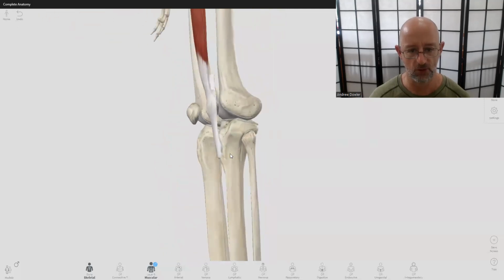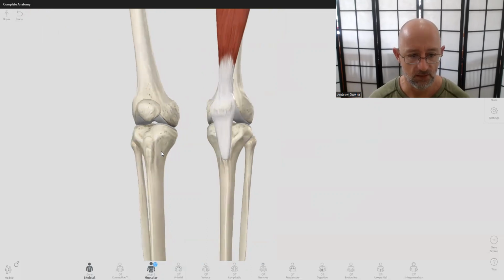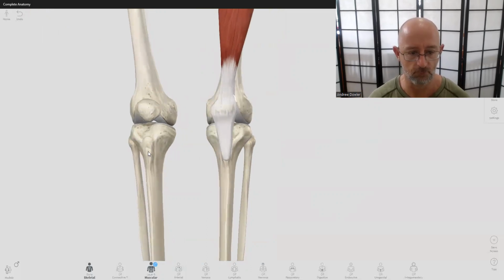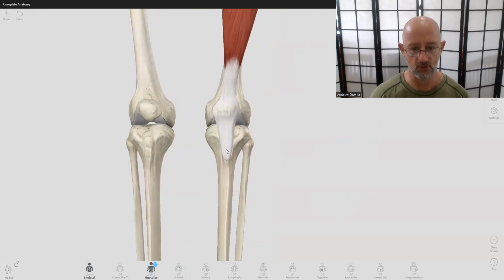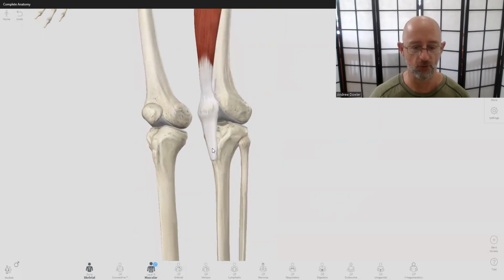Where we have a tuberosity, it's usually a rough part of the bone. Often it has a slight raise to it, and that's going to be a tendon attachment point. So this big extra bone growth here is really adapting to the strong pulling of the tendon on the bone. In a condition called Osgood-Schlatter's, often as teenagers are growing up, the muscles are getting stronger while the bone is still forming, and that can create a lot of pulling force on that aspect of the bone.